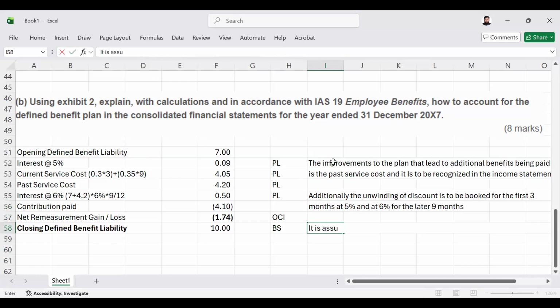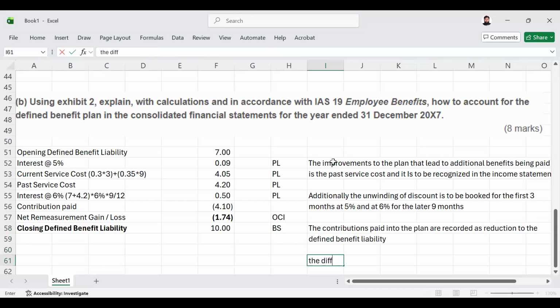It is assumed the contributions paid into the plan are recorded as a reduction to the defined benefit liability.